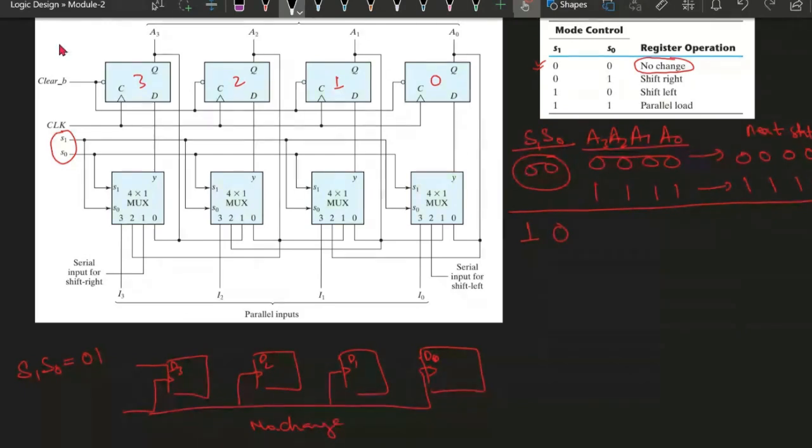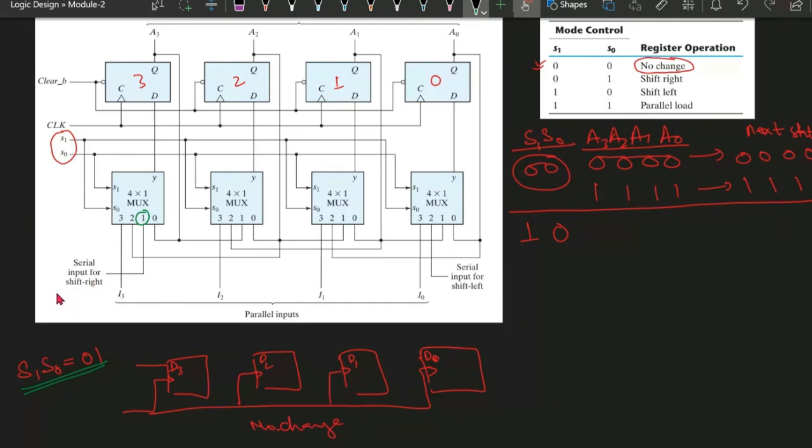If S0 and S1 are 0, 1, it means the mux will select this input. This is the input that will be selected as the output Y, and this Y will be applied to the D. So in this simplified view of the shift register, if S0 and S1 are 0 and 1, this 1 will be selected, and this 1 is connected with the serial input for right shift.